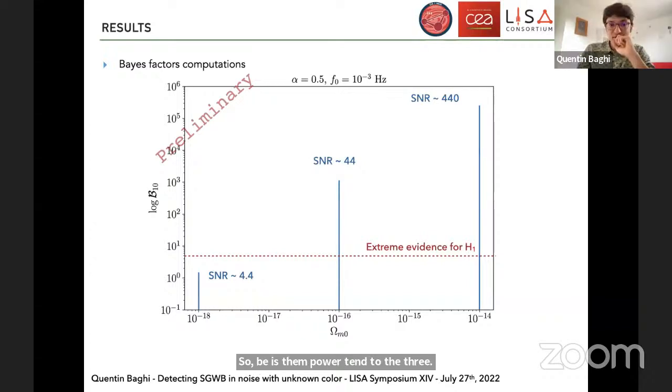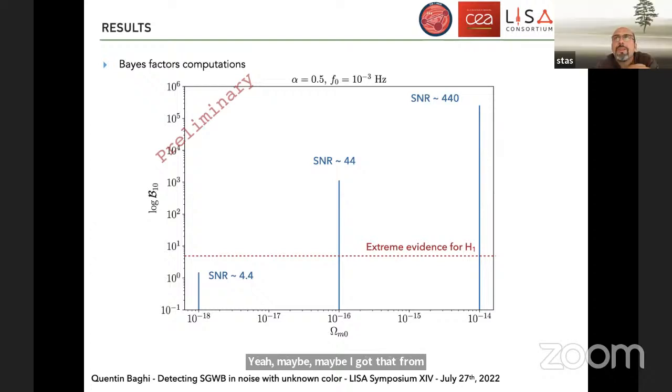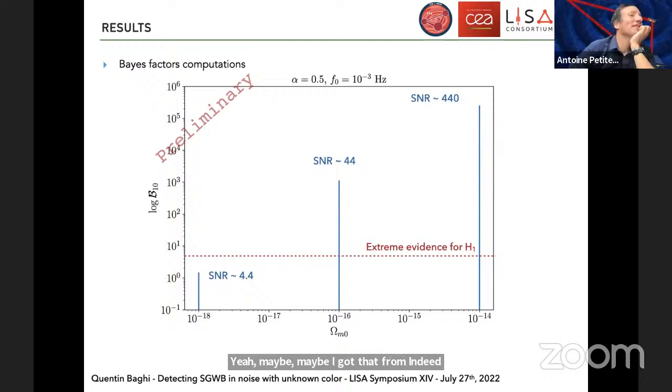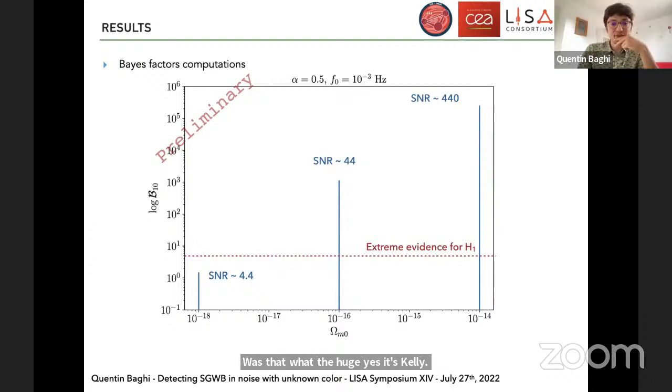Yeah, maybe I got that wrong indeed, because that would be huge. Yes, it's clearly extreme evidence. Yeah, so maybe you're right. This is B, since I put the extreme evidence for H1 at this value in red, that means this is B, right? Yes. Okay, sorry about that.